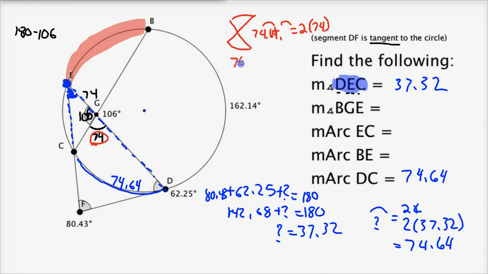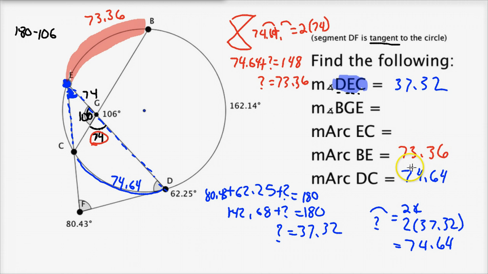Because if I did 2 times 74, that's 148. So 74.64 plus something equals 148. This question mark is just going to equal, subtracting that, 0.36. There we go. So this is 73.36. And that gives us arc BE, 73.36. Really close to the other one.